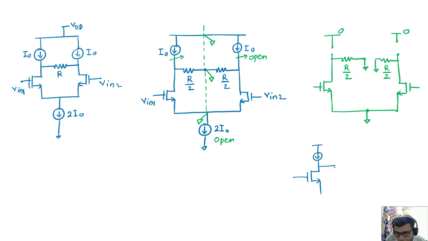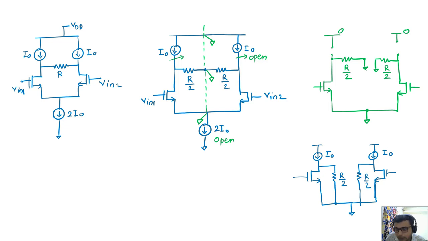So from this node, this resistor R by 2 is shorted to this node because this node is already virtual short. I am not doing analysis here, so no need to open this current source. I am just telling the concept. This is I naught, this is I naught. Okay, so the other resistor can be shorted like this.